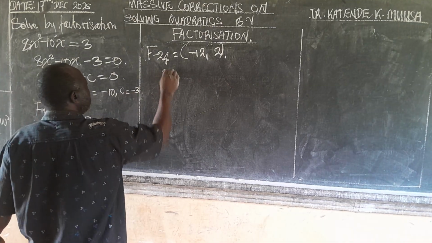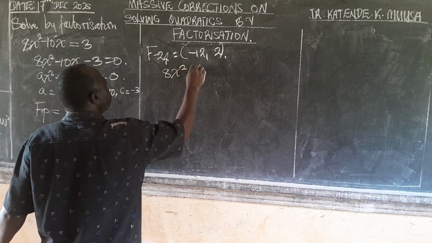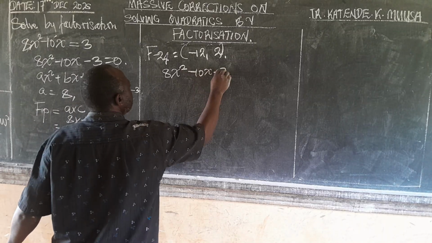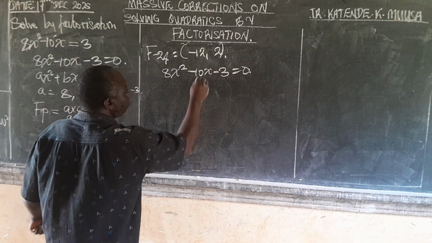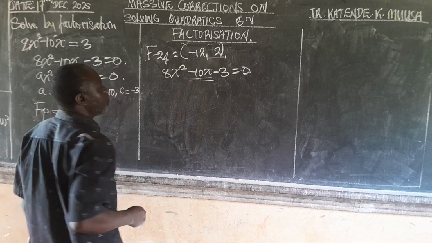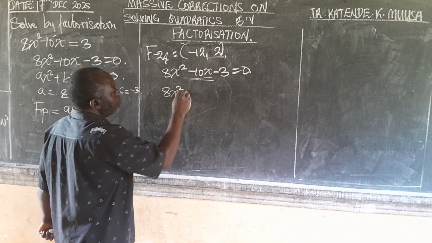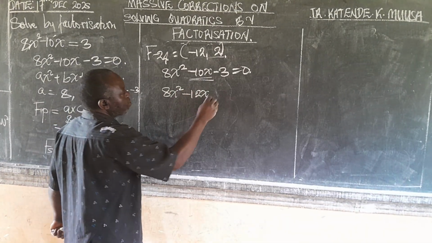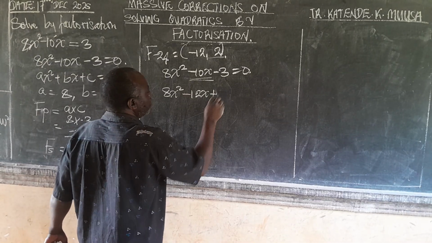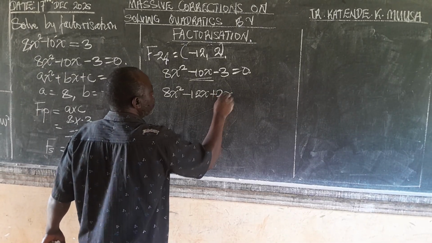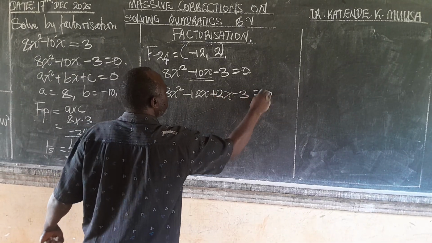We say 8x squared minus 10x minus 3 equals 0. Instead of this, we use what we have here. So we have 8x squared minus 12x plus 2x minus 3 equals 0.